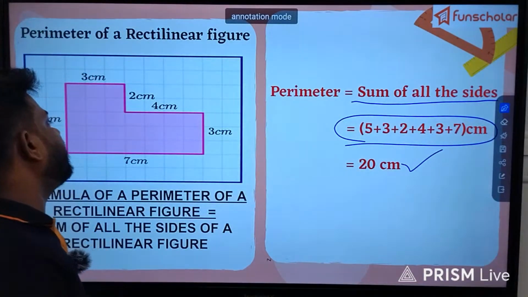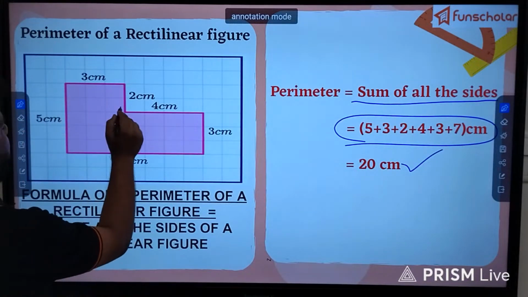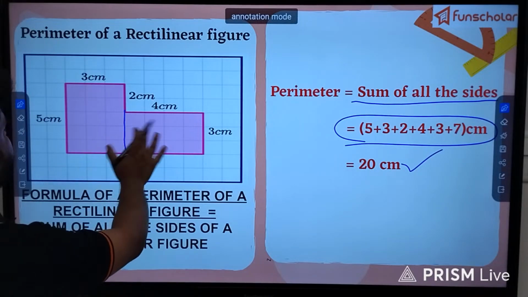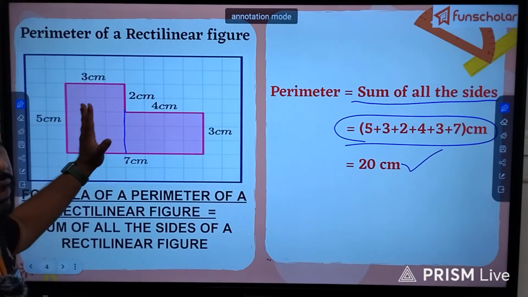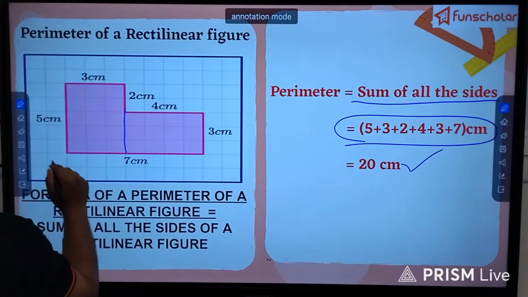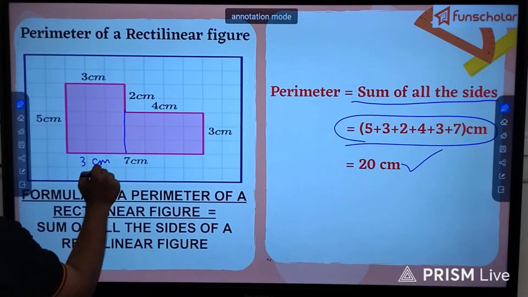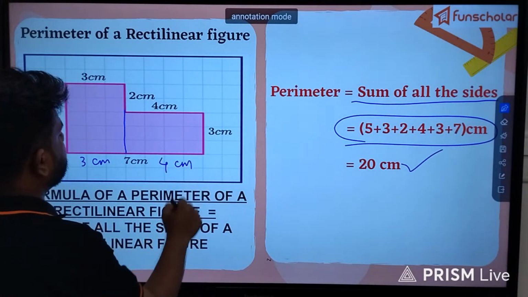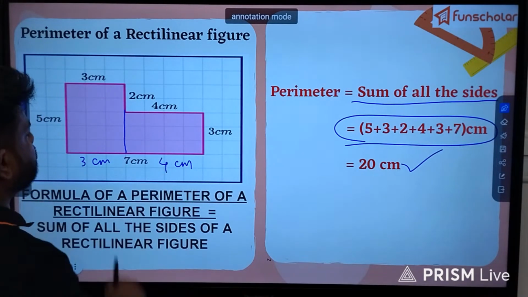And why are they calling it rectilinear? Because it is made up of two different figures, that are rectangles. If this one is 3 cm, this one will also be 3 cm. If this one is 3 cm, this one will be 4 cm. If this one is 4, this one will also be 4.